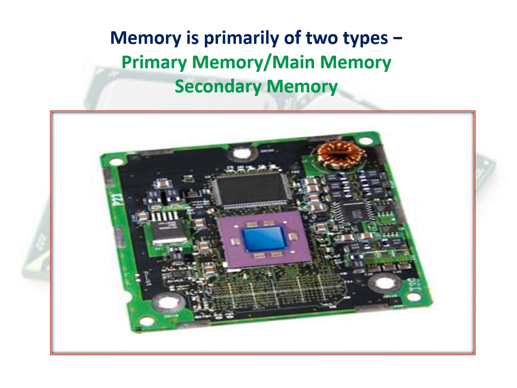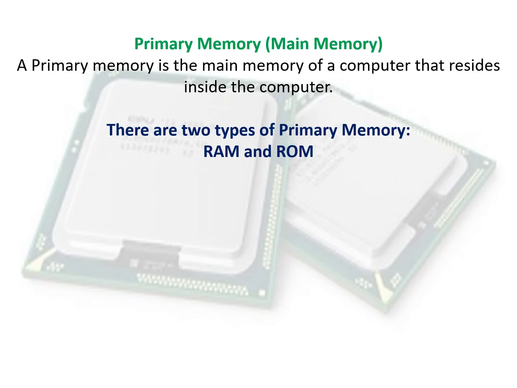Now let us study the memory of a computer. The parts of memory of a computer are primary memory, which we often call main memory, and secondary memory. Let us study one by one. What is primary memory?